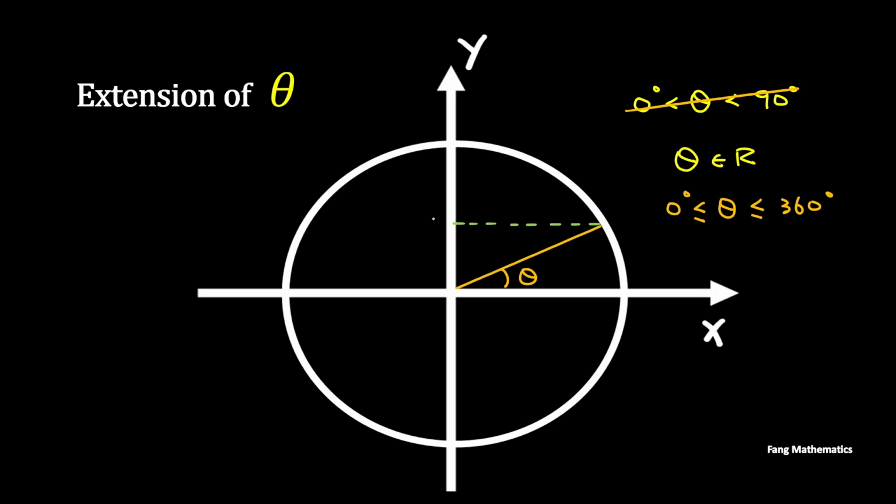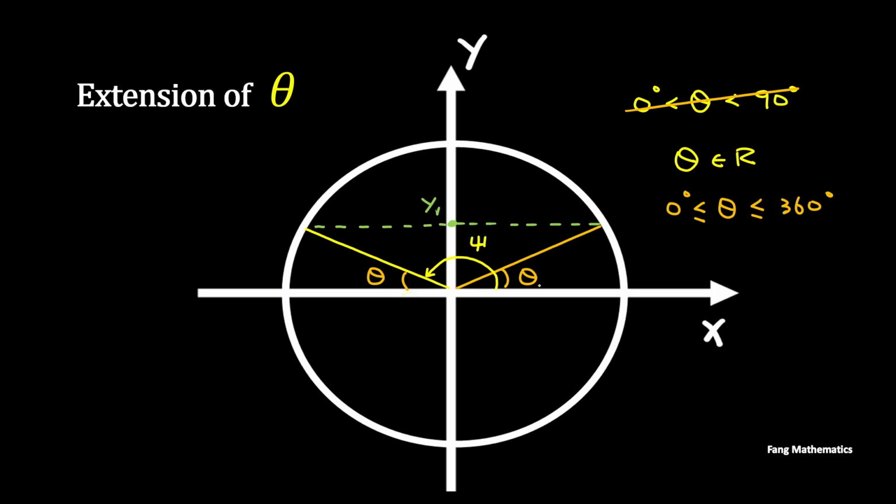So this is your y1. But remember, we are extending the angle theta. If I reflect this line across the y-axis, let me denote it as phi, and the angle theta, since I reflected it, is this one. You should see that if I find the y value of the angle phi, so sine phi, I should get the same y value.